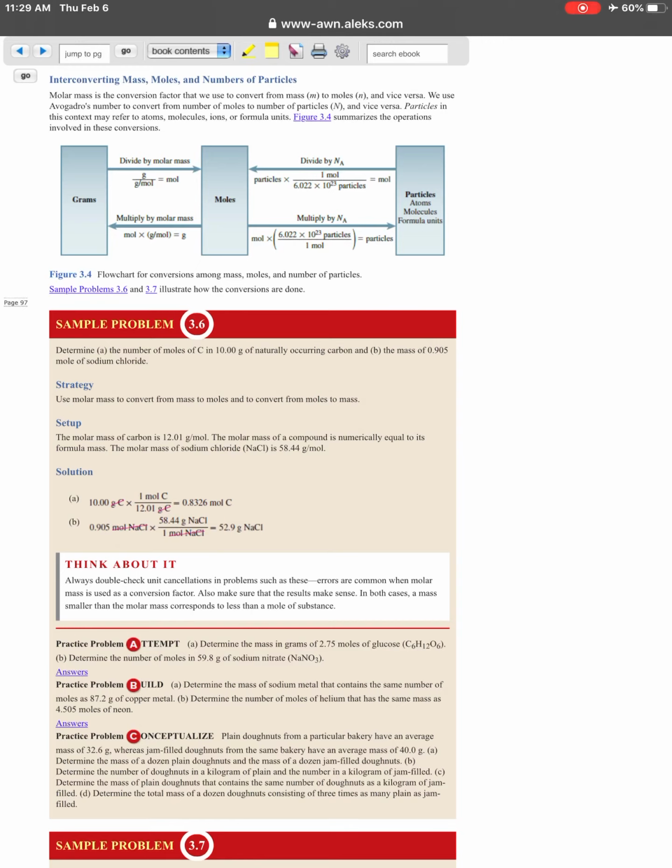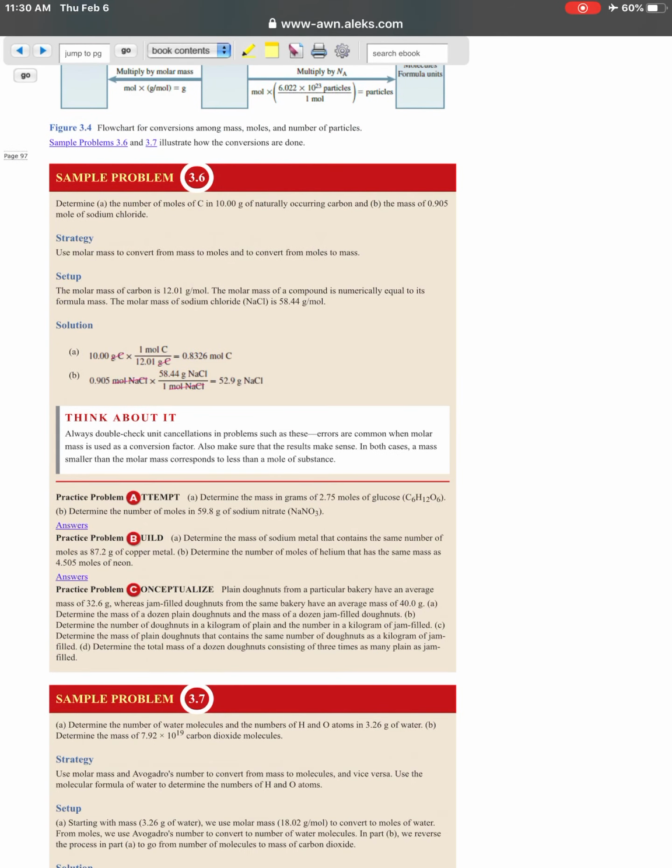Look for grams. Grams is the mass. If you want to find the number of moles, what do you do? You divide by the molar mass. The molar mass of carbon is 12.01, right off the periodic table. Just go off the periodic table. That'll be the molar mass. So 10.00 divided by 12.01 is 0.8326 moles of carbon.